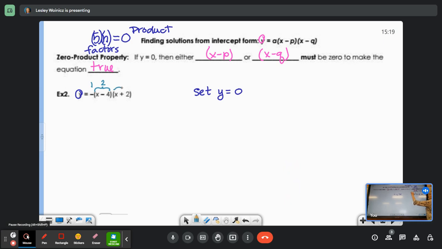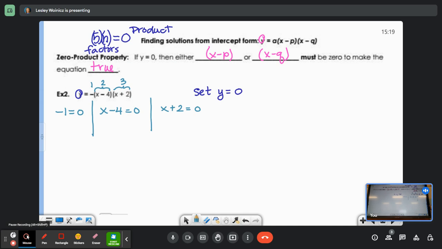Third factor is the x plus 2. Everybody see the 3 things that are being multiplied? So we've got a -1 that we have to set equal to 0, an x minus 4 equal to 0, and an x plus 2 equal to 0. So these are 3 different little baby equations. And we have to solve all of them, but they take like a second.